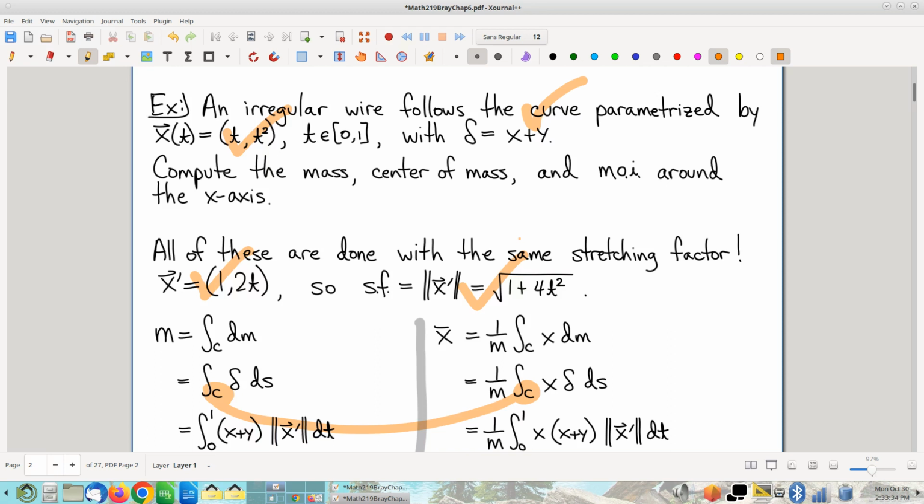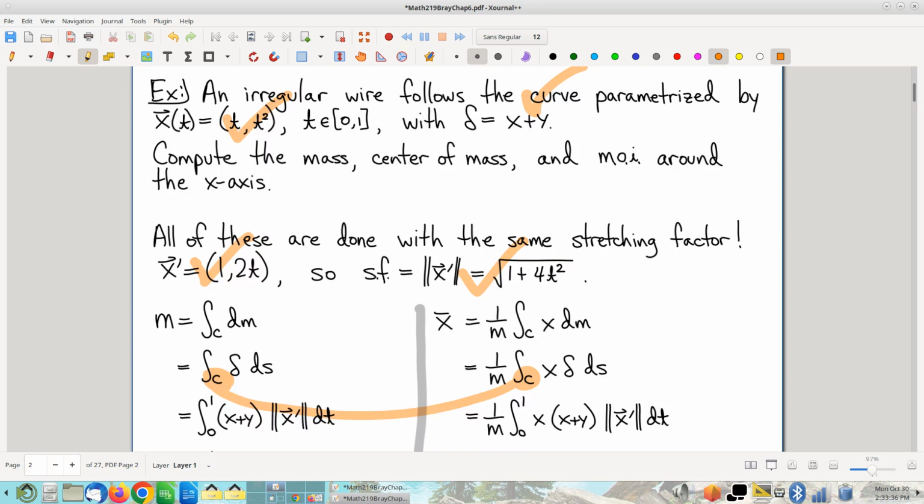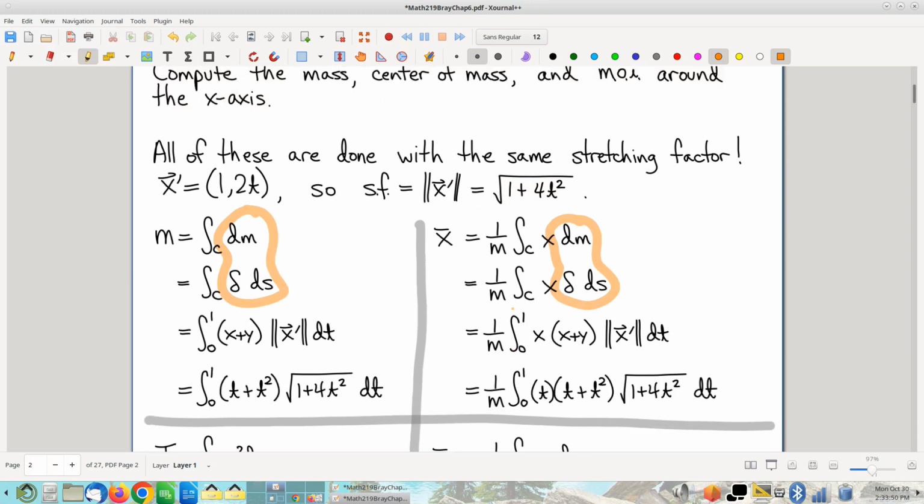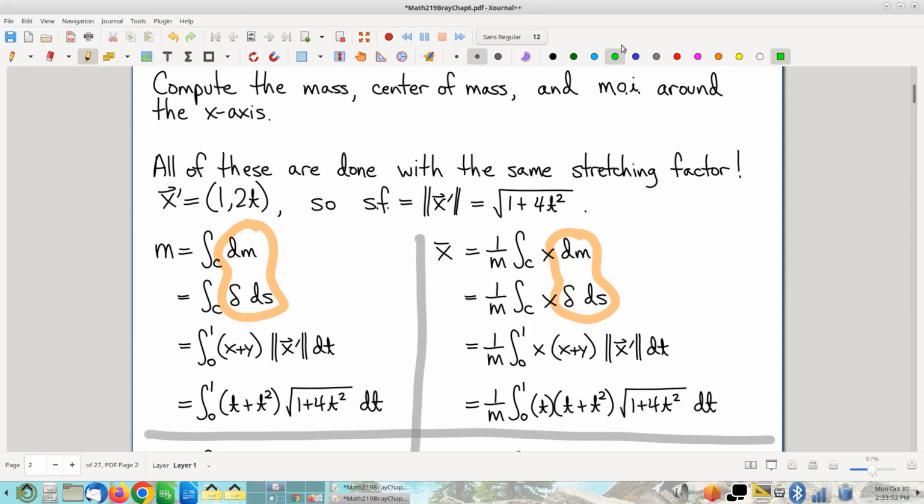Okay, now there's various details in here. Let me highlight these as we go. We've already talked about how mass is density times size. ds is speed times dt. It's the same for both.